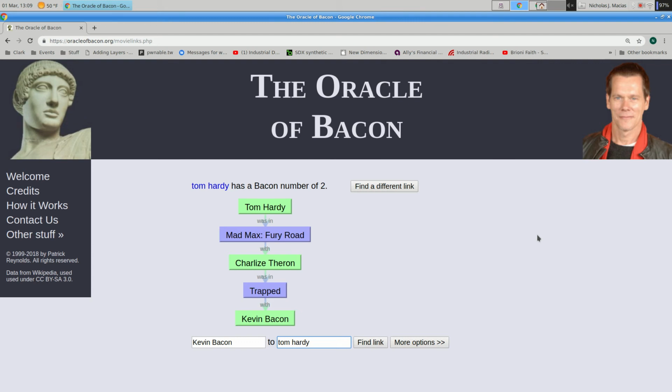So Tom Hardy has a Bacon number of 2. And it's really hard to find people with large Bacon numbers. So William Shatner, Bacon number of 2.